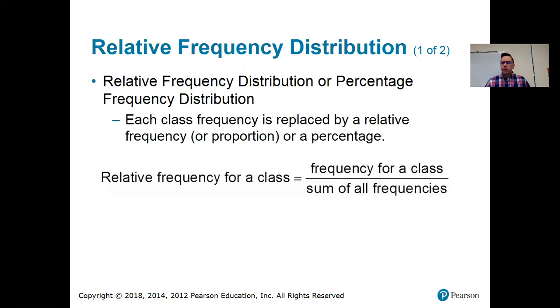So 11 divided by 50 would come out to 0.22, which means 22%. So depending on whether you want an actual relative frequency distribution or a percent frequency distribution, you would either put a 0.22 or a 22%. And I'll show you what that looks like here in a second.